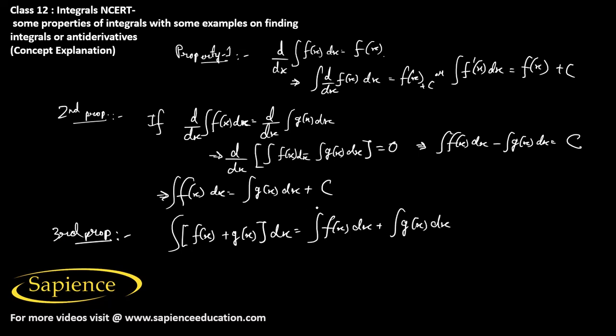Then the fourth property is that if there is any constant which is multiplied with the function f of x, and we have to take the integral of that, integral k f of x dx, that would be equal to k times integral f of x dx.